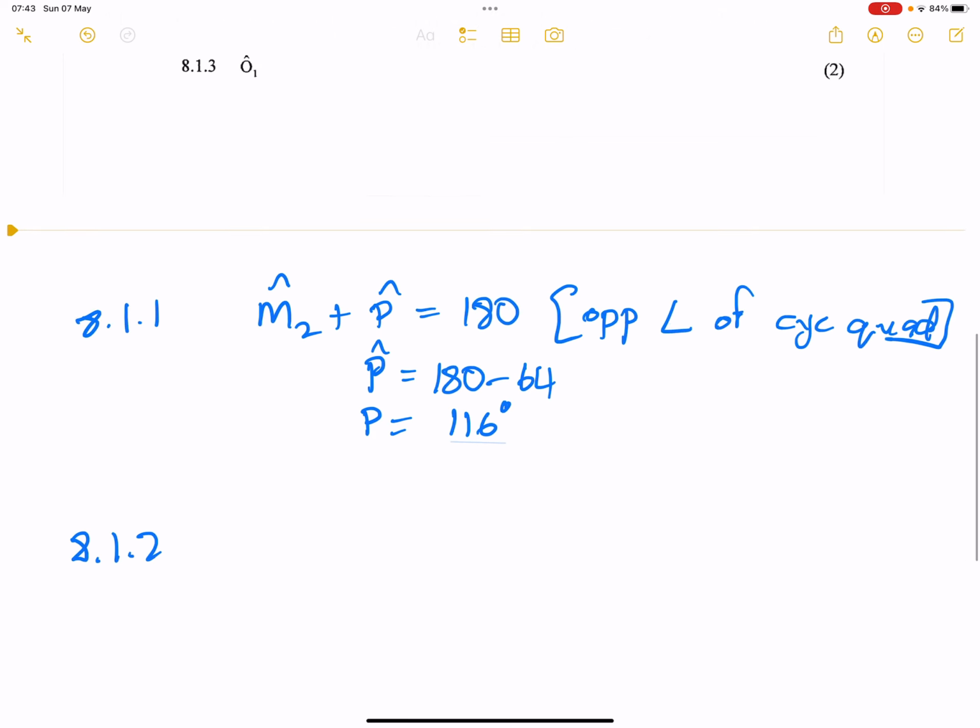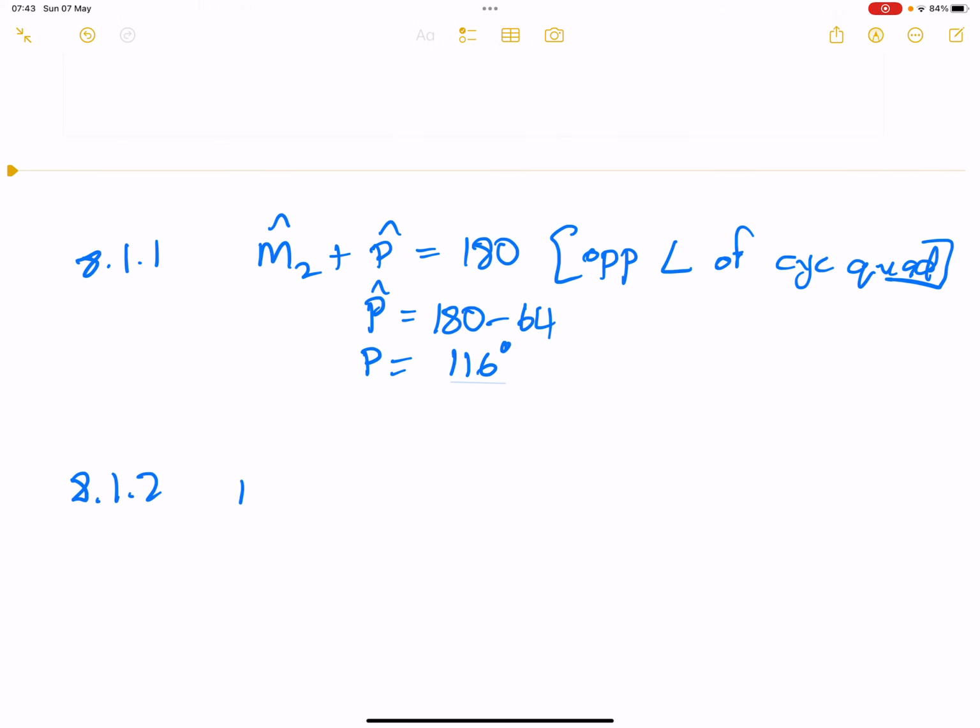So we're going to use angle at semicircle, or you can say angle subtended by diameter.